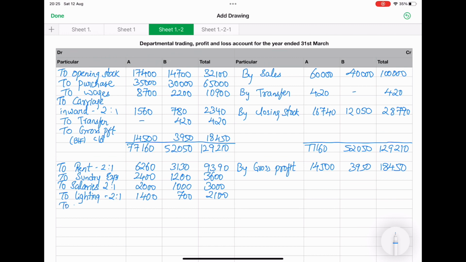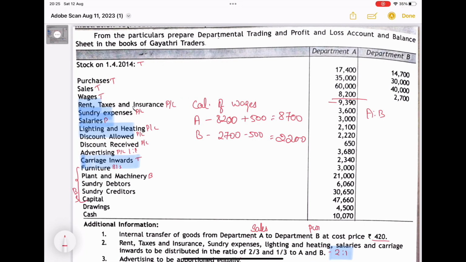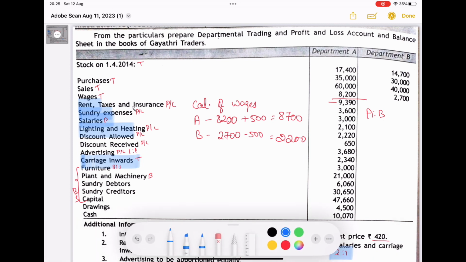Next one we have discount allowed. If you write it on the debit side itself, it means it is an expense, so no need to write discount allowed at all. Discount allowed we calculate in the ratio of sales, and discount received in the ratio of purchases. I'll calculate the sales ratio.